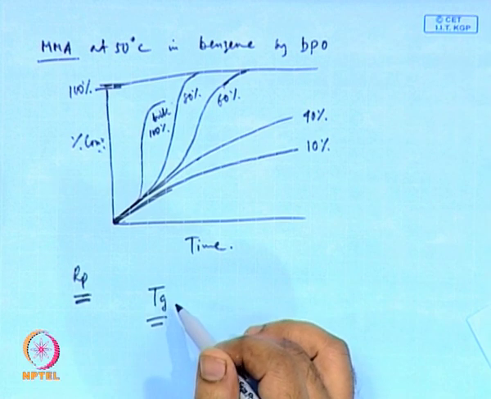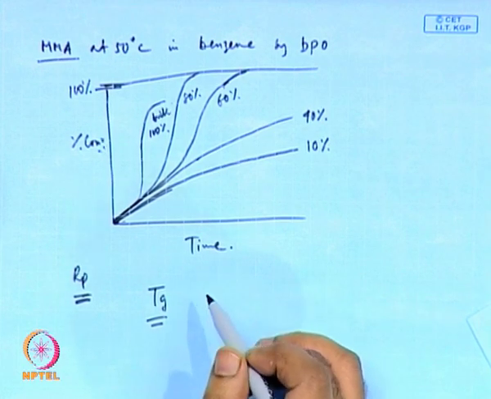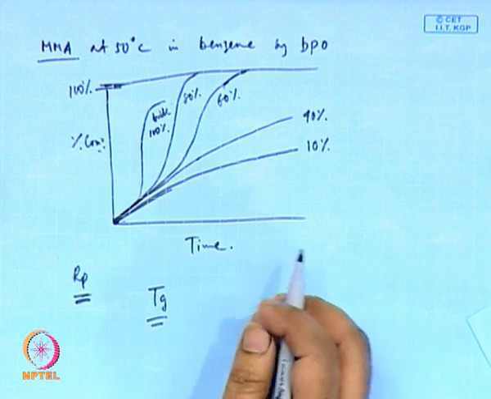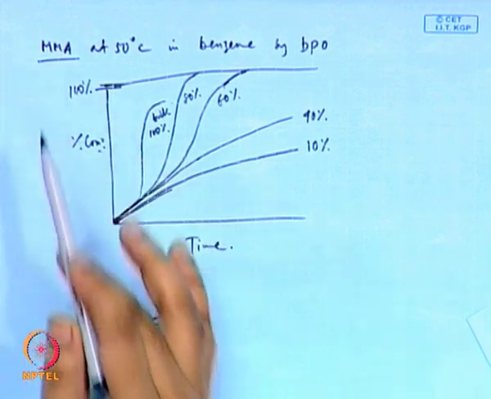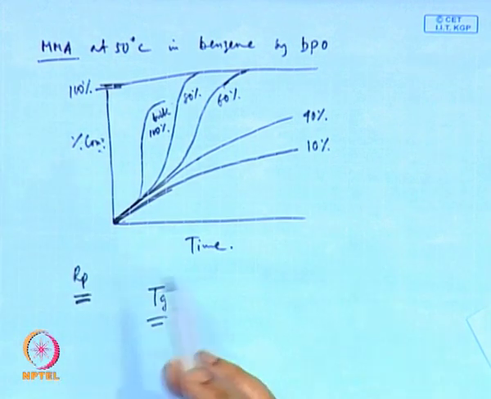Now, Tg of a polymer also becomes lower in presence of solvents, in this case MMA as a monomer, okay, which is called plasticization, which is basically the reduction of Tg in presence of any solvent. In this case, solvent is the monomer itself.